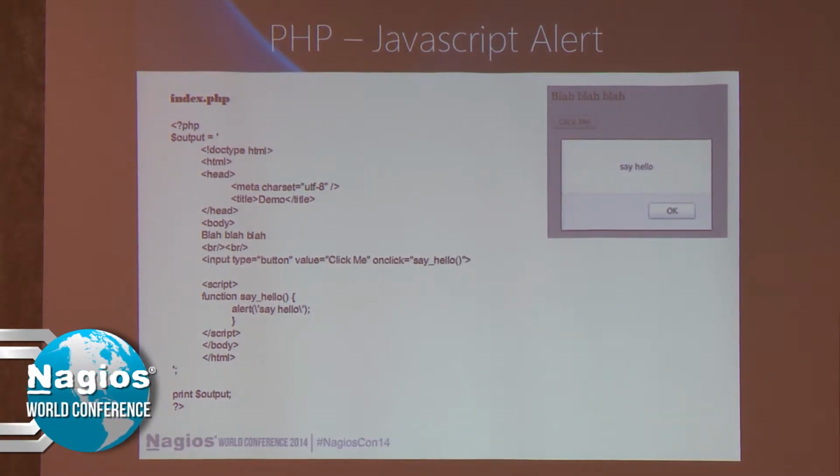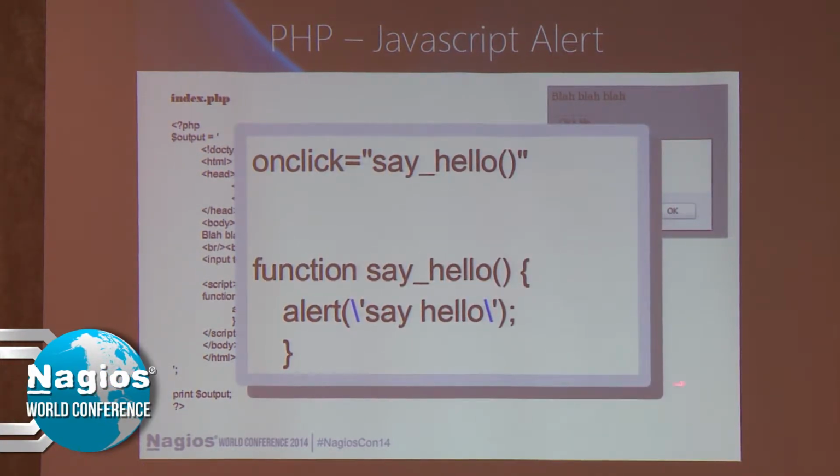Nothing has changed here, except we've had to escape these little quotes with the backslash. That means it interprets it as ignore the next character, so it doesn't get treated as PHP code.